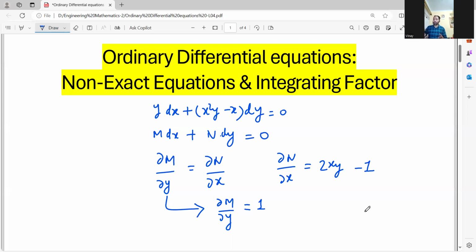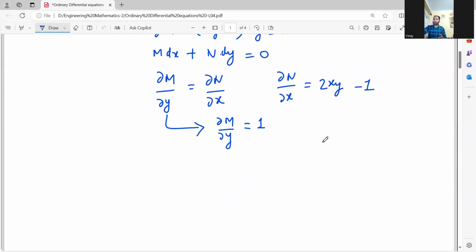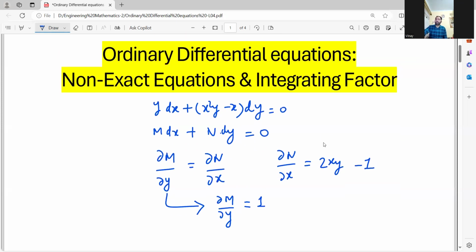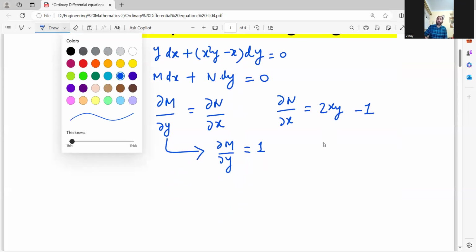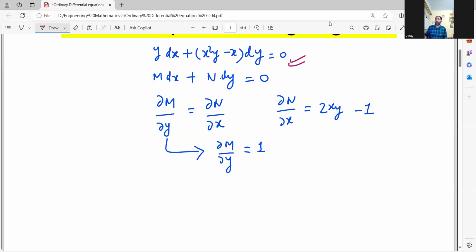So we will try to make it exact. For that, you multiply with some factor. Let's multiply with a factor of 1 by x square. This is the given equation, and I'm multiplying with 1 by x square.